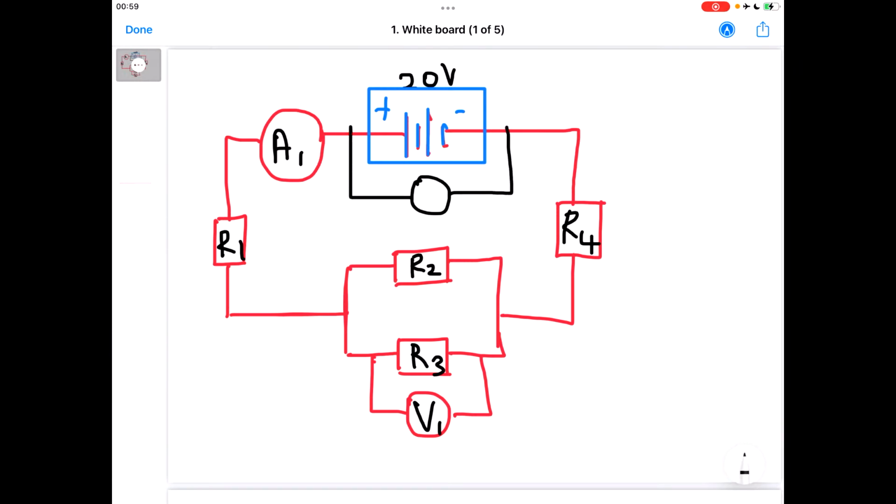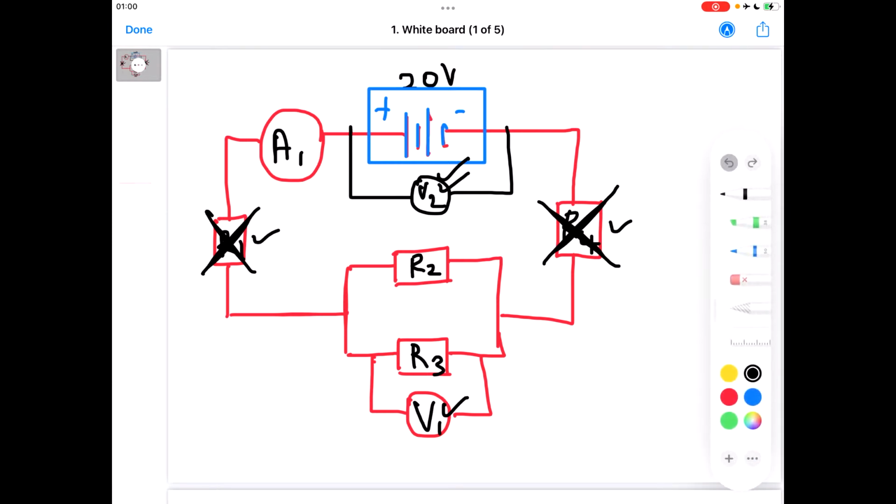You won't say V2 equals V1. Why? Because you still have the series connections. Only if you did not have that series connection, then you're going to say V2 is equal to that. But in this case, that means the V total.